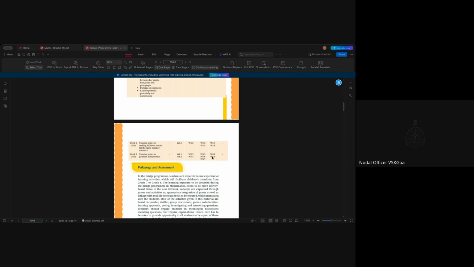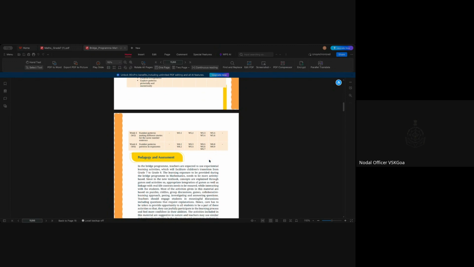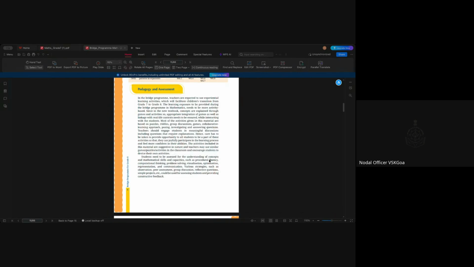If you have an extra lecture, please prefer doing this activity, give preference to these activities, and you can continue further with your portion later on.